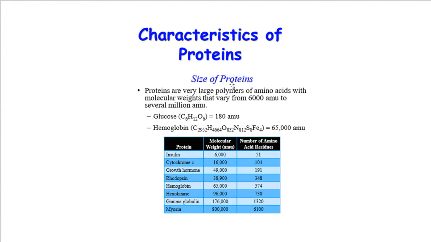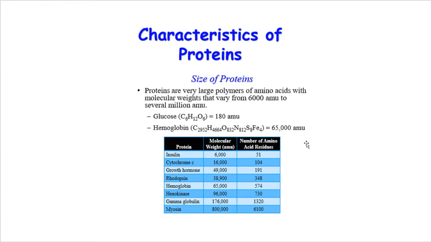The characteristic of proteins depends on the size. As you can see, for example, in glucose, the molar mass is 180, while hemoglobin, that is a protein, the molar mass is 65,000.